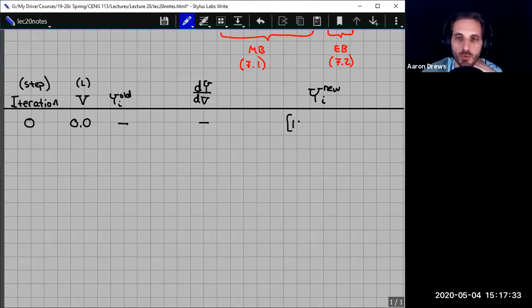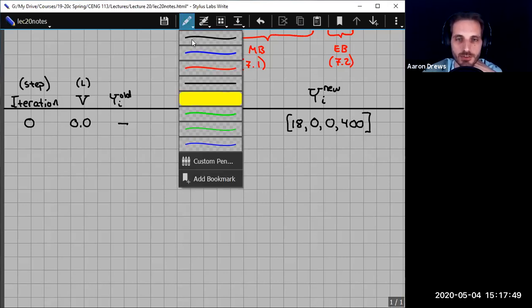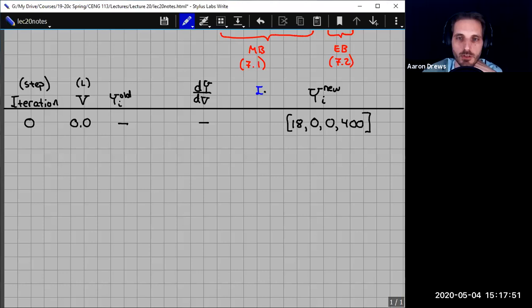And so we said that from the problem statement, there were 18 moles of A coming in. There was no desired and no undesired, and everything came in at 400 K. So these are quote unquote our new values, but really these are just the initial conditions. And the first row always kind of looks like that.